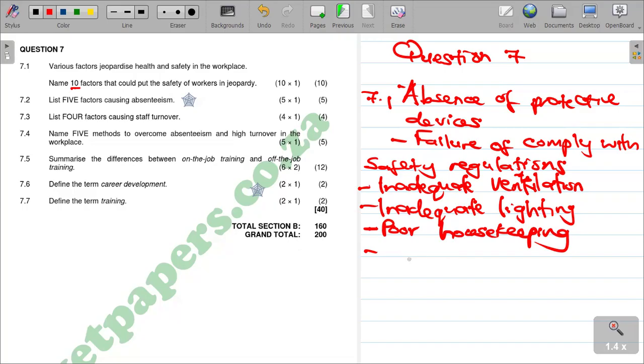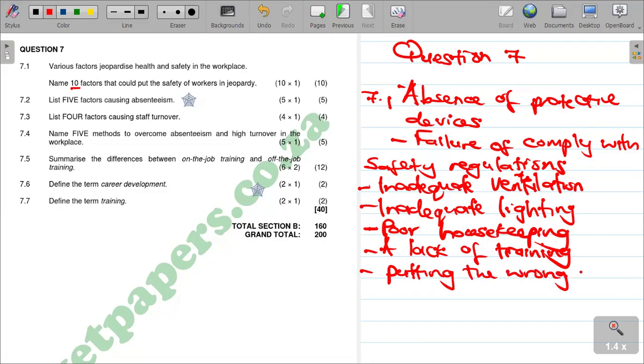It may be due to lack of training. It might also be due to putting the wrong person in the workplace.